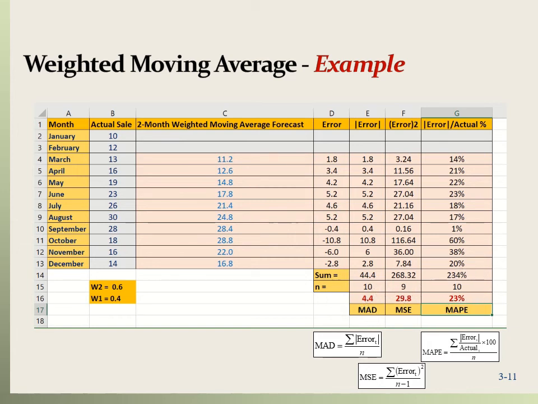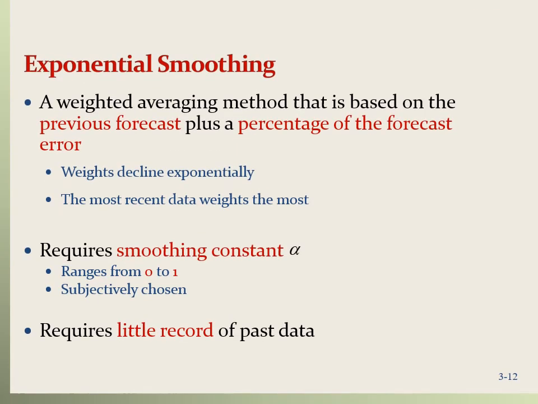The next averaging or smoothing method is called exponential smoothing, which is a weighted average method that is based on the previous forecast plus a percentage of the forecast error that you made. So that's all you need to have.